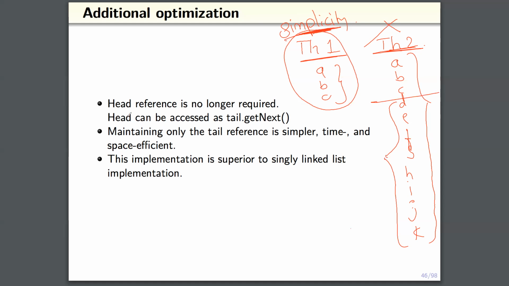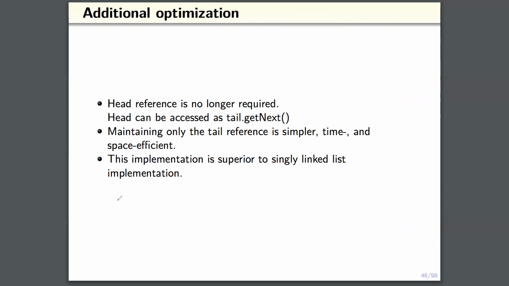So similarly, we have a model where we can get away with the head, and it is a simplistic model. It reduces space, it reduces time, then follow that, right? So that's the idea here. This implementation is superior. It does not asymptotically improve the complexity, but it is a practical improvement.